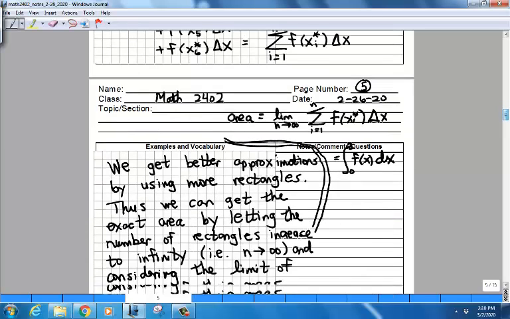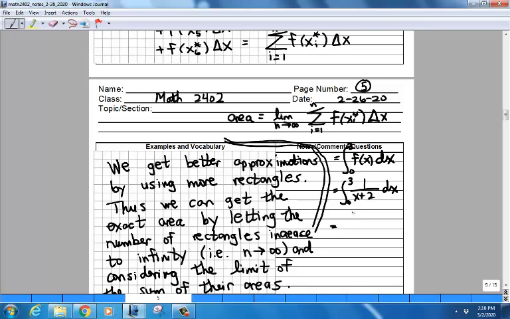By the way, let's fill that in. So we have the definite integral from 0 to 3 of 1 over x plus 2. I've already forgotten. But what is the antiderivative? You know this now. There you go.